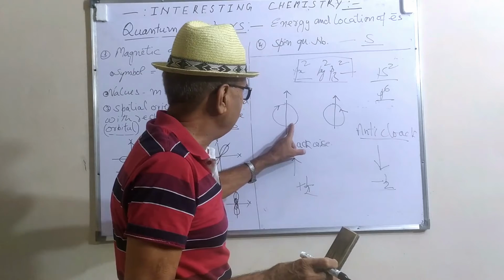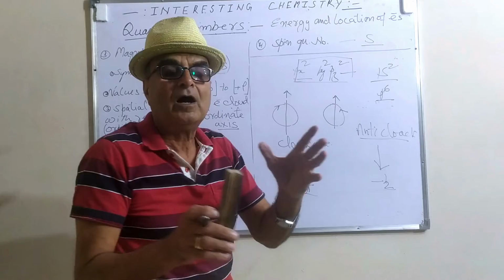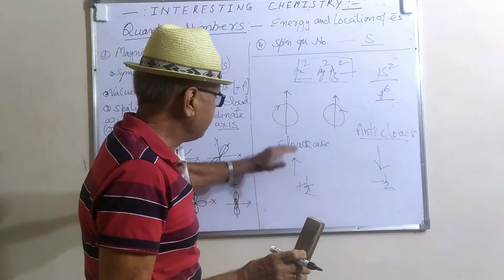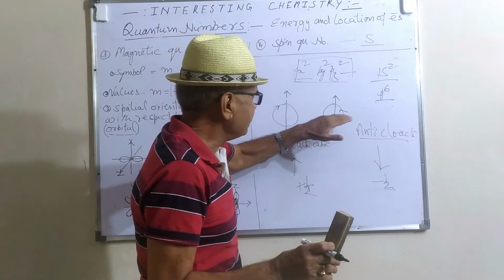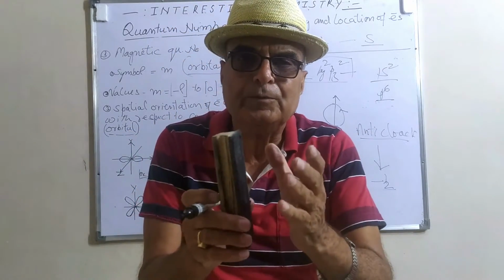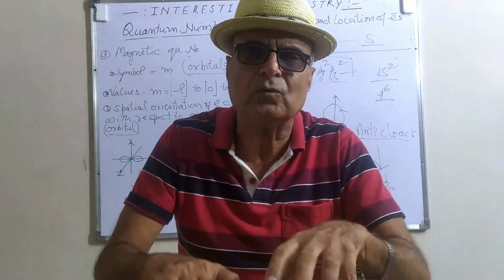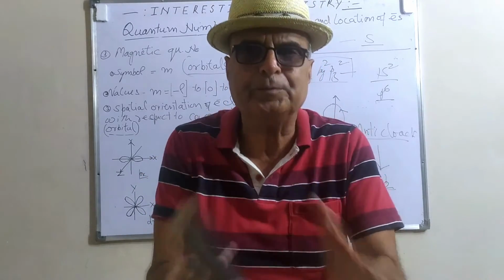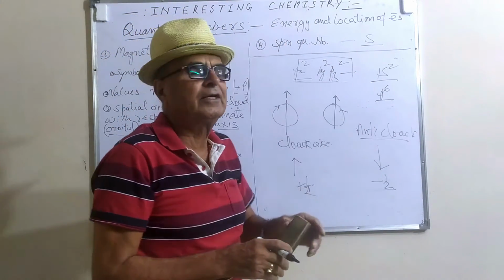The magnetic field generated by the clockwise electron and the magnetic field generated by the anti-clockwise electron will be opposite to each other. So both electrons may exist in a particular orbital. In this way, this is our spin quantum number.